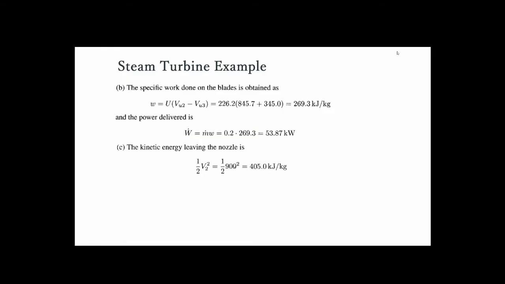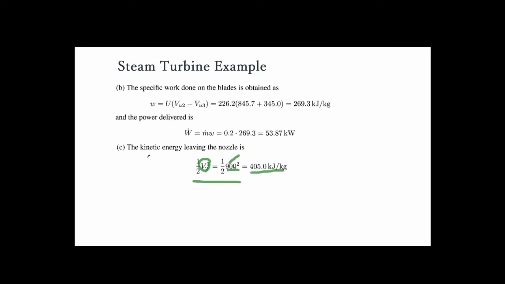And next we want to solve question C, the kinetic energy leaving the nozzle. We use the kinetic energy equation. Okay, half of V2 squared is equal half of V3 squared. Okay, 900 is V3. And we can solve V2 in this equation. I'm sorry, this is not V3, this is V2.